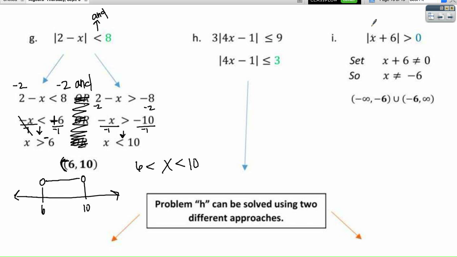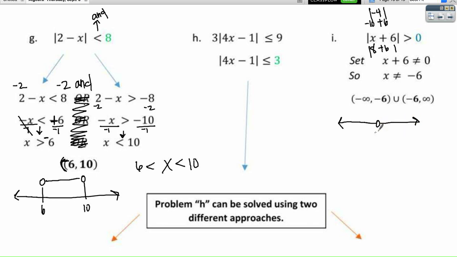So any negative number I plug in here, say I do negative 10 plus 6, even though it comes out to be negative 4 inside the absolute value, it's really a positive 4, which is greater than 0. If I plug in any positive number, if I plug in 8 plus 6, will give me 14, and the absolute value of 14 is still greater than 0. So I can have any negative number and any positive number.